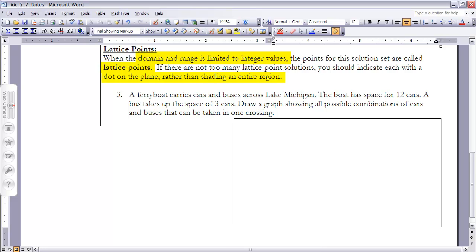Okay? If there are not too many lattice points in the solution, you should indicate each with a dot on the plane rather than shading the entire region. So if you have a smaller solution set, one where you can relatively easily put in the dots of the solution set, you should do that. Okay?